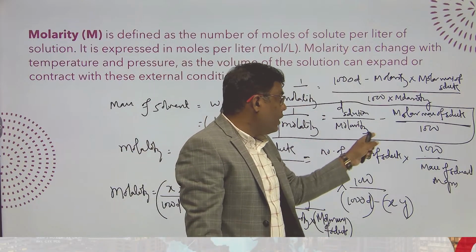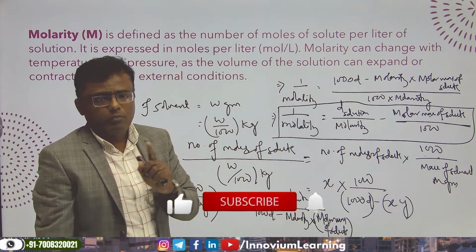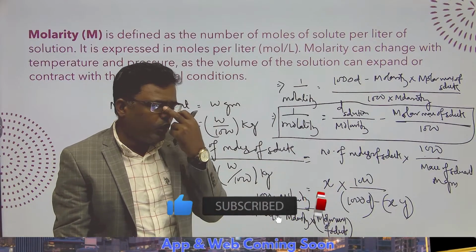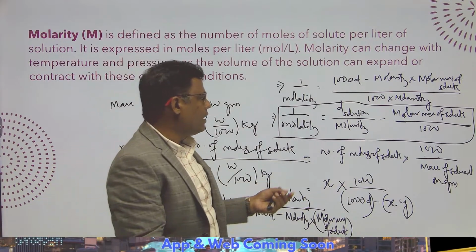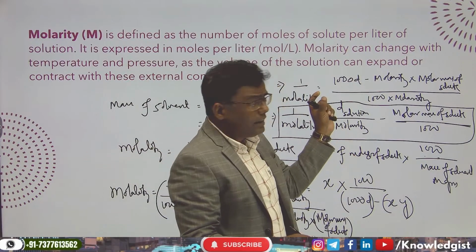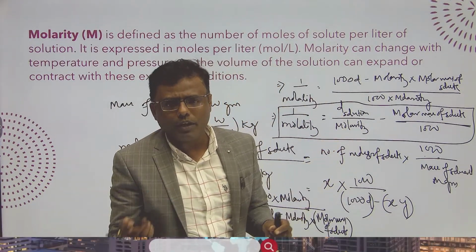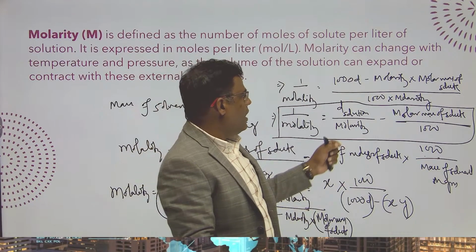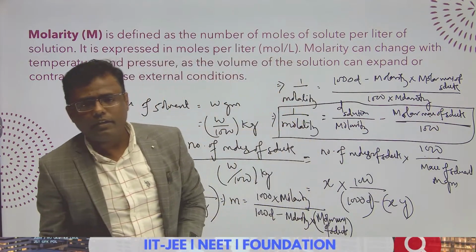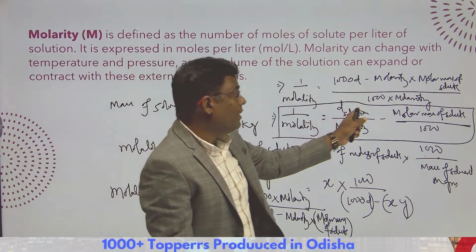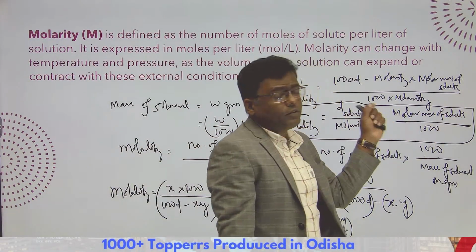And here molarity must be given in moles per liter. As you know that molarity unit is moles per liter, so always you will find that molarity data will be given in moles per liter, but the confusion arises that density unit may be given in gram per ml or may be given in kg per liter, correct, and the molar mass of solute may be given in gram or may be given in kg. So if it will be given in kg, then this expression will be changed.